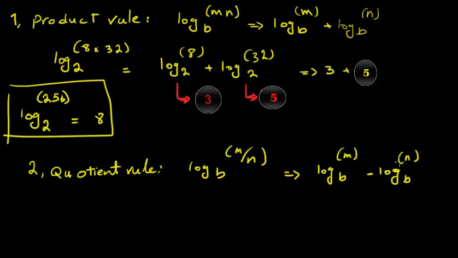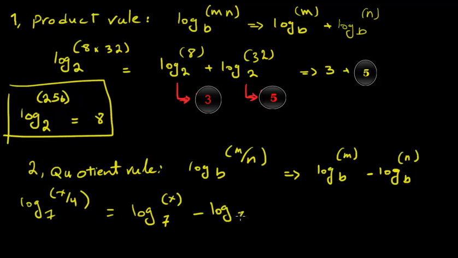For instance, we have log 7 of x over 4. We can write it as log 7 of x minus log 7 of 4.